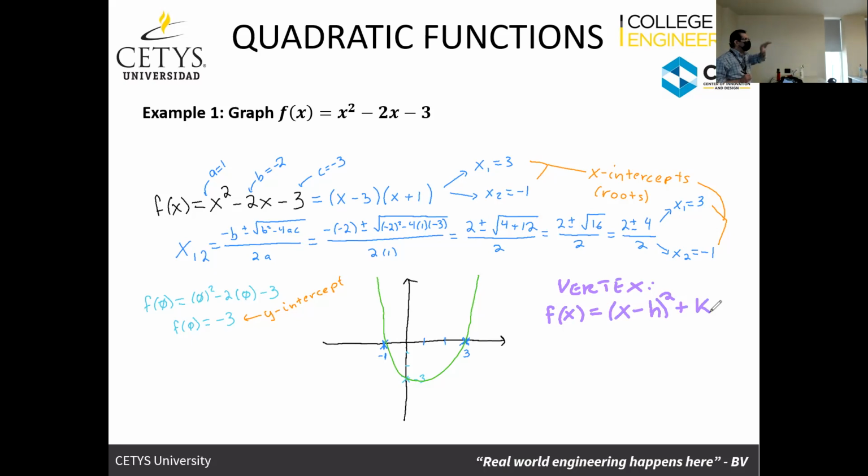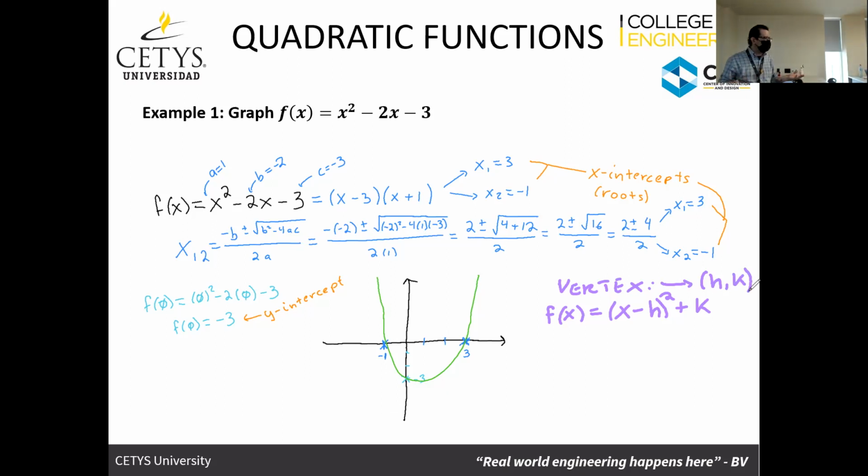Okay? That's the way we need to represent the polynomial. Somehow we need to turn that, which is the one we have, into this. And the vertex is going to be h comma k. Okay, that's going to be the vertex.